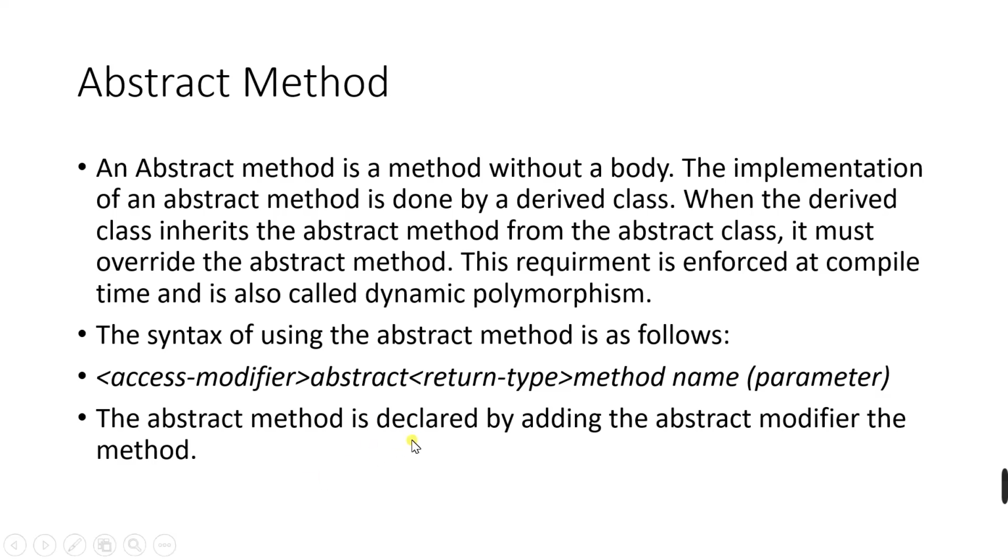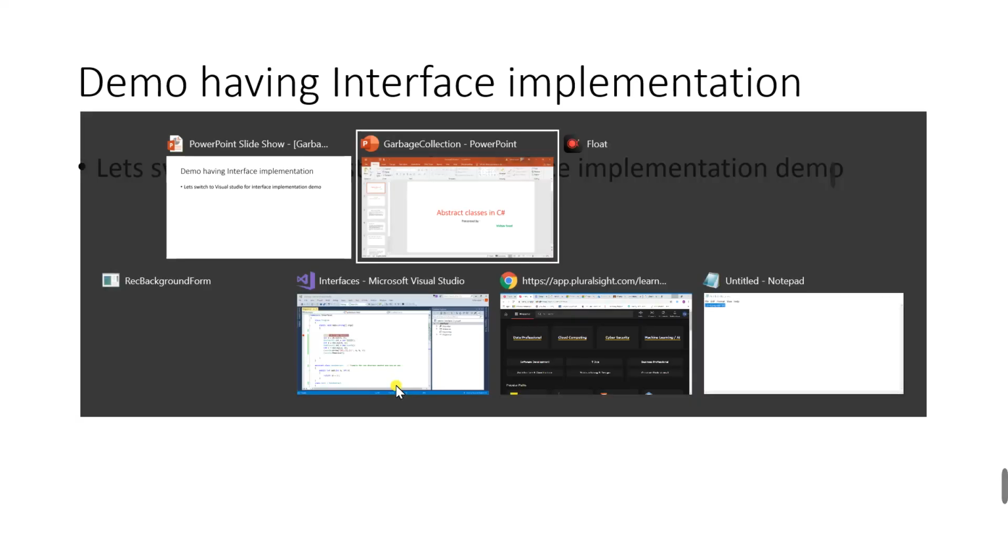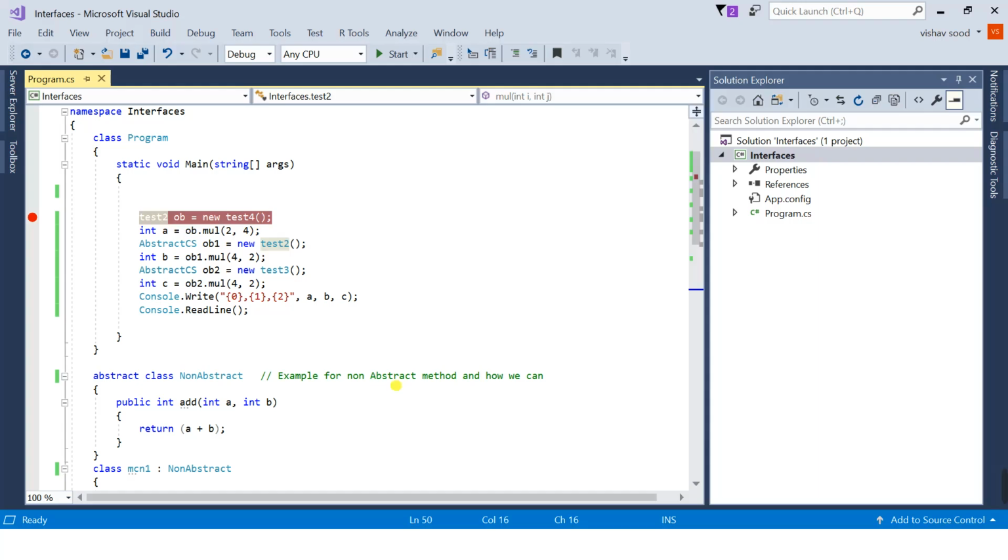The abstract method is declared by adding the abstract modifier to the method. In the example you can see that we are using the abstract keyword to tell the compiler that this method is abstract. So let's switch to Visual Studio to look at a live demo of the abstract class.